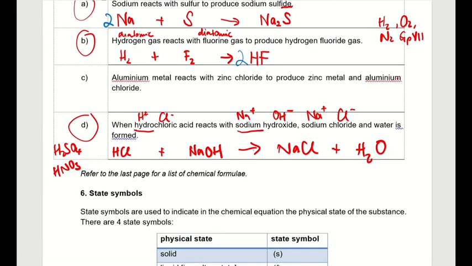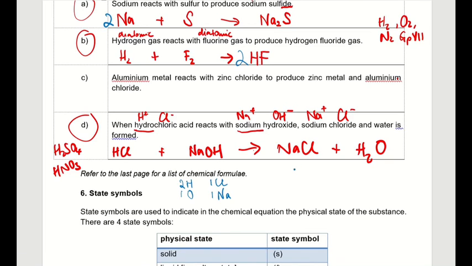Okay. Now let's look at D. Now D is a little bit more complicated because my hydrogen is split. But it's okay. You'll just count it together. So how many hydrogens do I have? I have 1, 2. So I write there 2 hydrogen, 1 oxygen, 1 chlorine, 1 sodium.